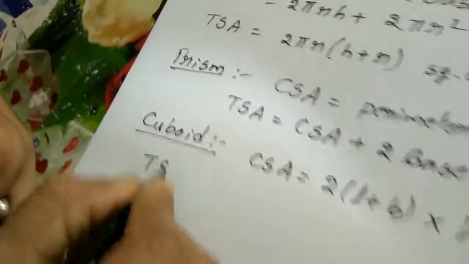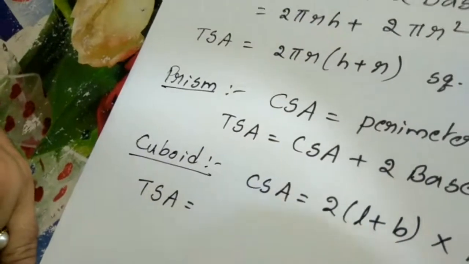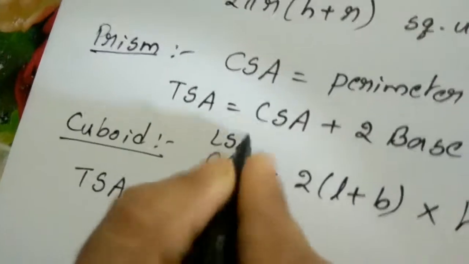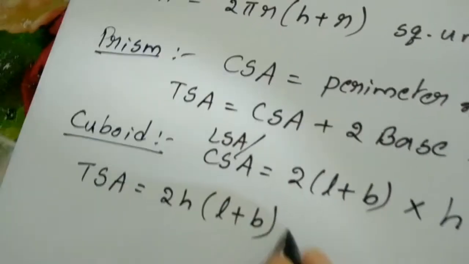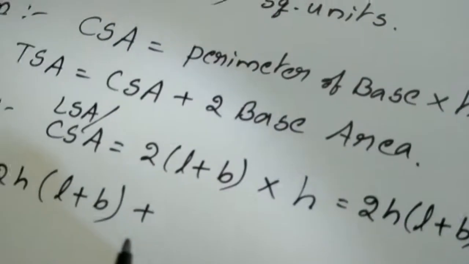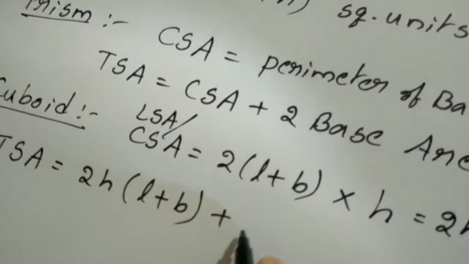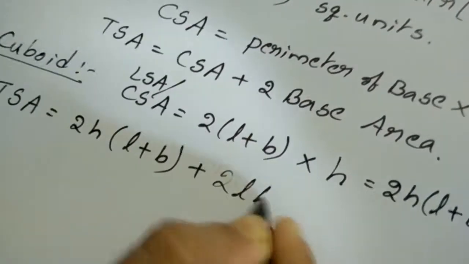Now TSA will be LSA, 2h into (L plus B), plus, what is the base of the rectangular prism? L into B. Area is L into B. But we have to consider 2 times the base area. So 2 into LB.